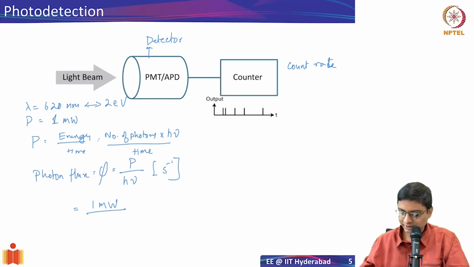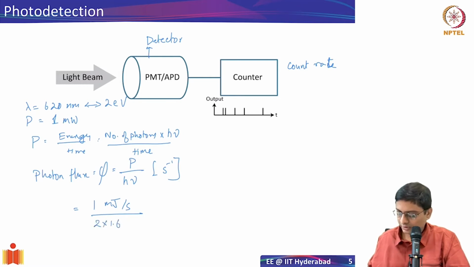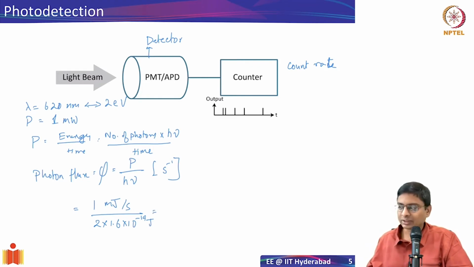So it's 1 millijoule per second, divided by h nu, which is 2 eV, so 2 into 1.6 into 10 power minus 19 joules. With that I can compute how much this turns out to be. It will be approximately 3 into 10 power 15 photons per second. This is my flux.